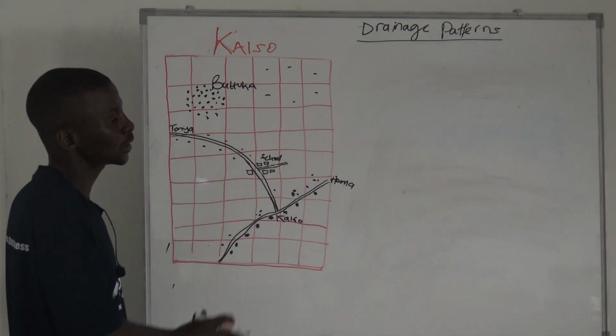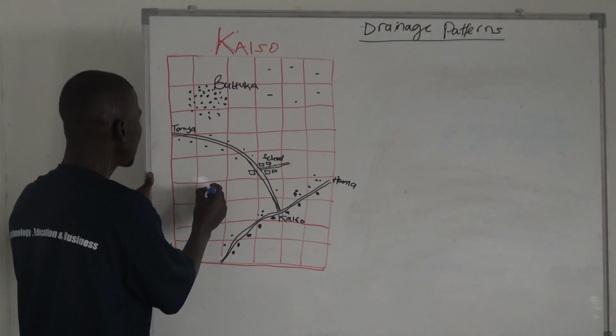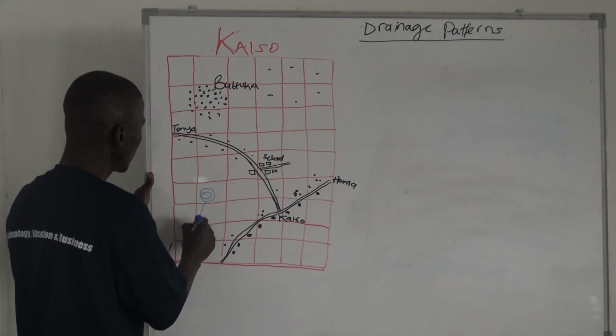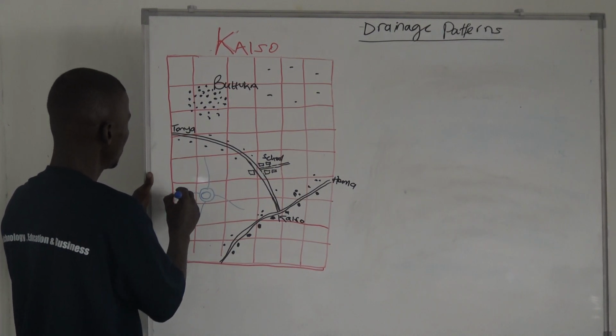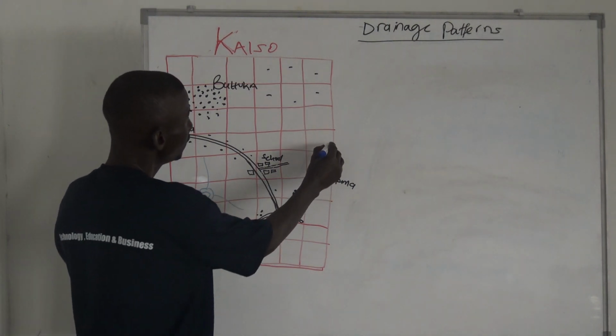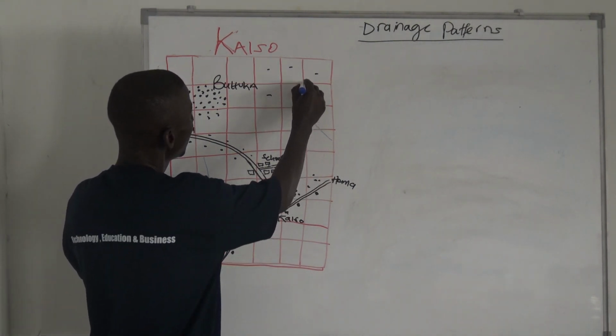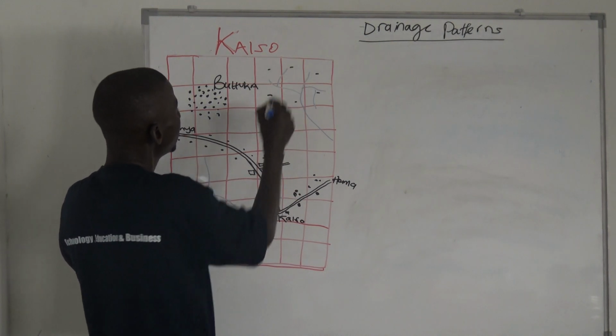So on the map extract, there are also different drainage patterns being displayed by the river and its tributaries.